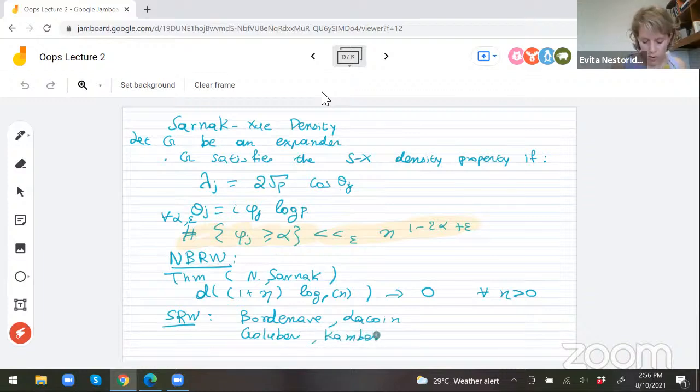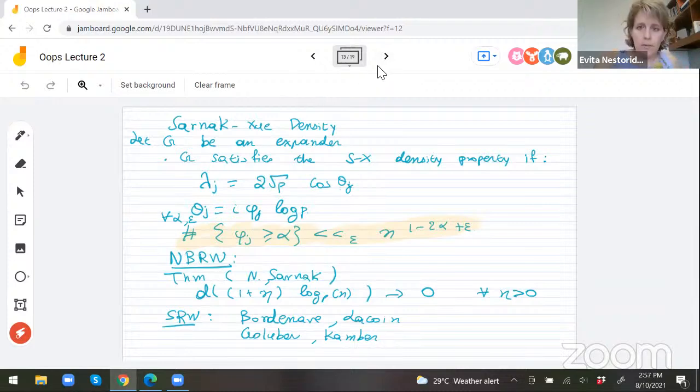So the simple random walk is fully understood, and here is the non-backtracking picture. This was just to say that this very simple technique not only gave us sharper answers, but it could also be generalized to other expanders, while the previous techniques of Lubetsky and Perez could not.